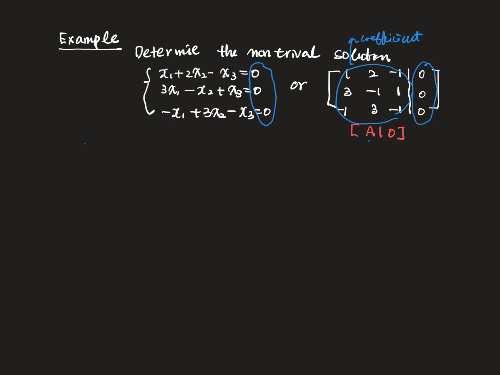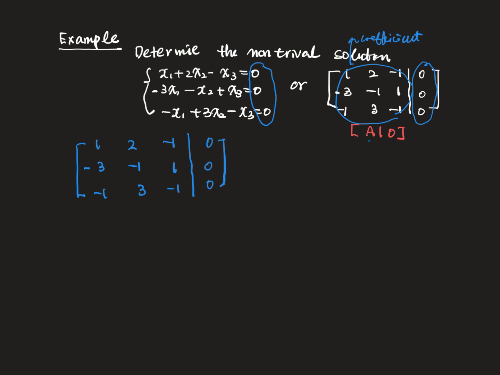Let's just start here. You have the augmented matrix 1, 2, -1, 3, -1, and 1, -1. Oh, here is -3, guys, -3, -3. Here is -3, 3, -1. The constant matrix is 0, 0.